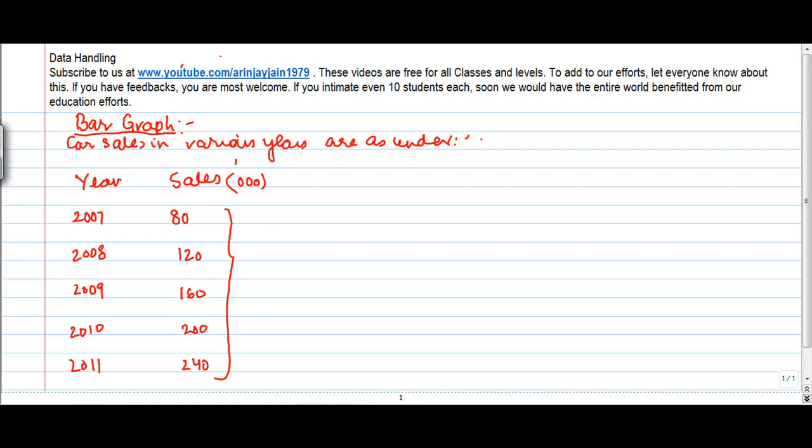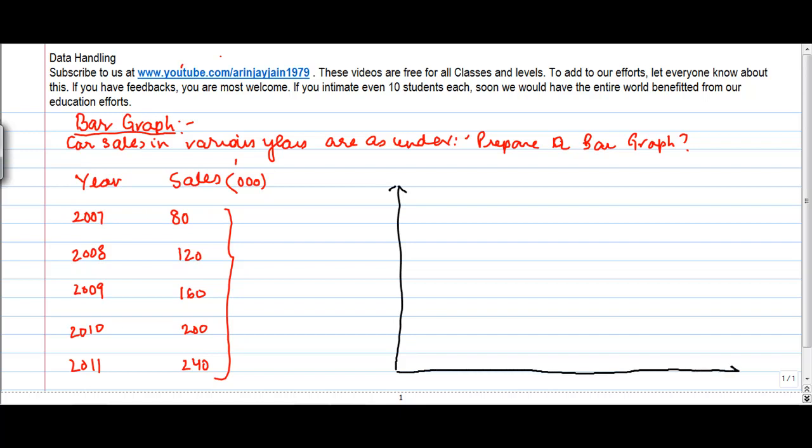You need to prepare a bar graph. Just like any other one, a bar graph would normally have an x-axis and a y-axis.